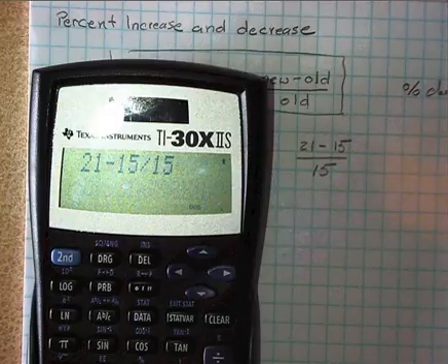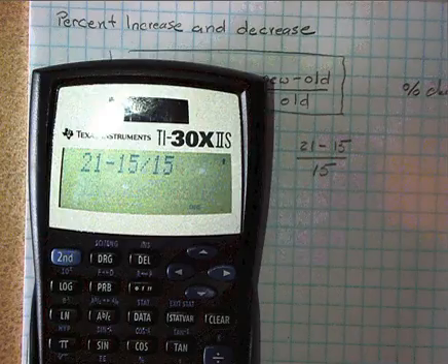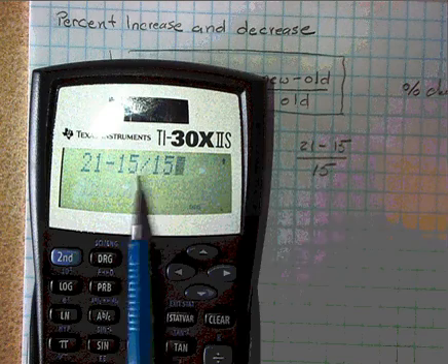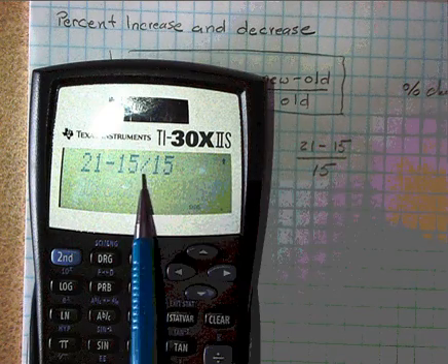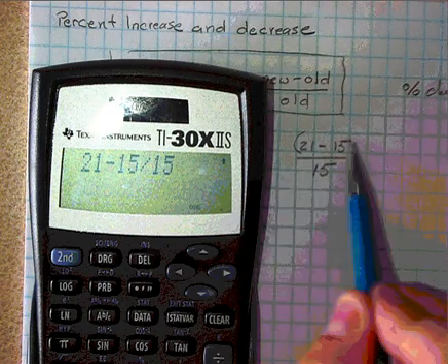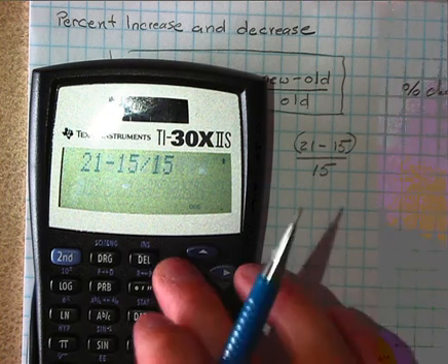Why will you get it wrong? Emma? Because you divide it first and then subtract it. Excellent. Your calculator follows order of operations, so it's going to do the division first. But you might remember when we talked about order of operations, we have to do whatever's on top first and then divide.